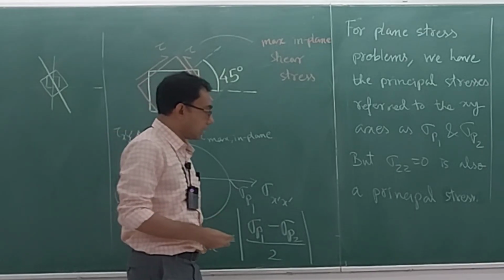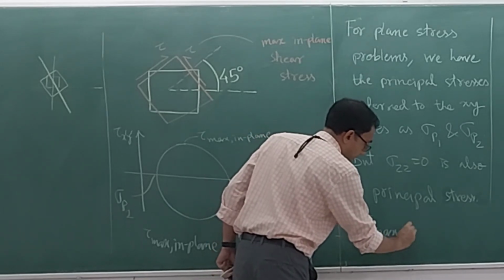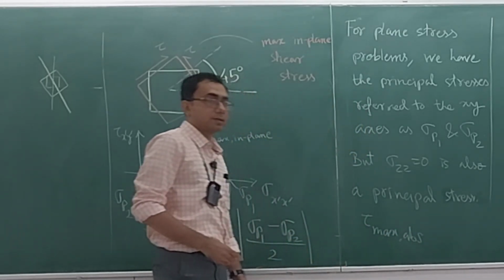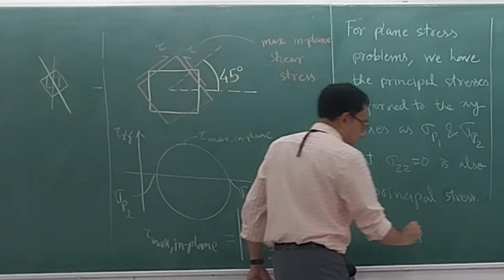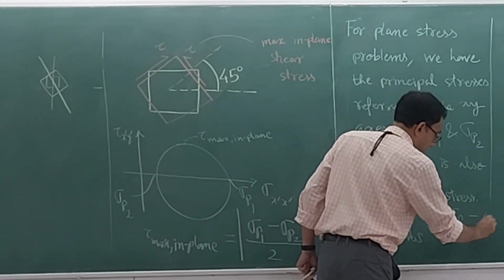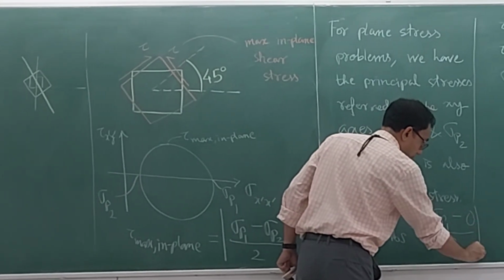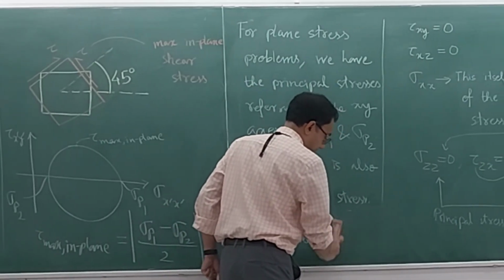So if I ask you what is the tau max absolute, the overall tau max, what do you think it will be? It will be equal to sigma p1 minus 0 by 2. Or it is better to write something like this. Yes, exactly.